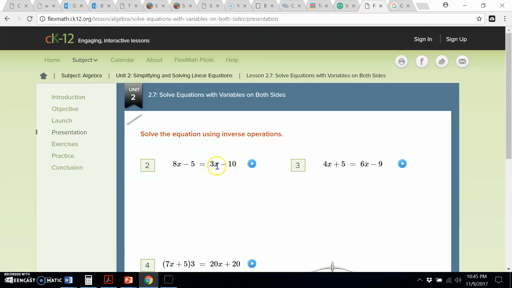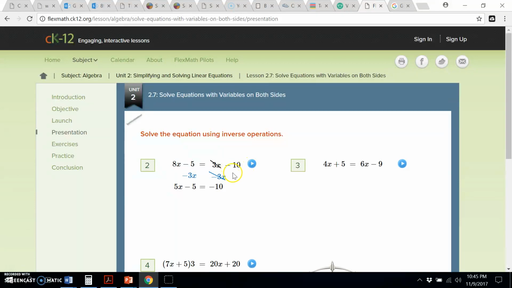Which could be the case this time, which is true, but we're actually looking at just the 3x and doing the opposite of the 3x. That's a positive 3x, so I am going to minus 3x. So I will subtract 3x from both sides. This cancels out my 3x, which leaves me with 5x minus 5 equals negative 10.